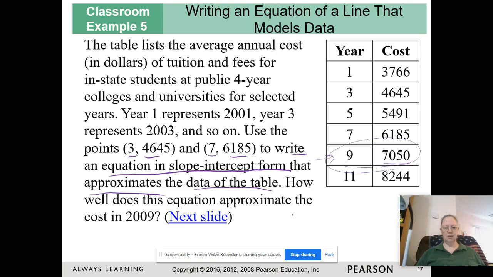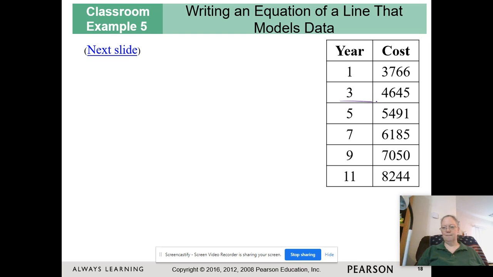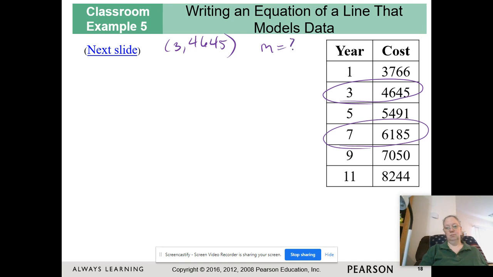All right, so which points? We wanted 3 and 7. So we have to write an equation. We have a point. I'm going to use the smaller point, (3, 4645). What we don't have is the slope. So remember the formula for slope.